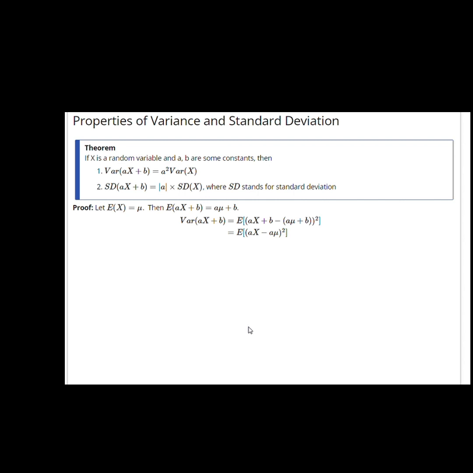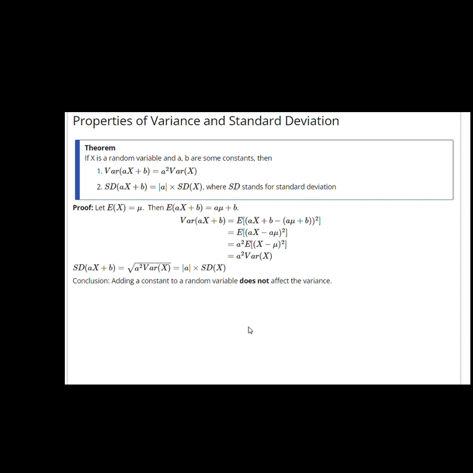We're left with aX minus a mu, the quantity squared. When we square that, of course, a factors out, becomes a squared, and we're left with a squared times E of X minus mu, the quantity squared, which is, by definition, a squared times the variance of X. Of course, the standard deviation we get by simply taking the square root, and hence part 2 of this theorem.